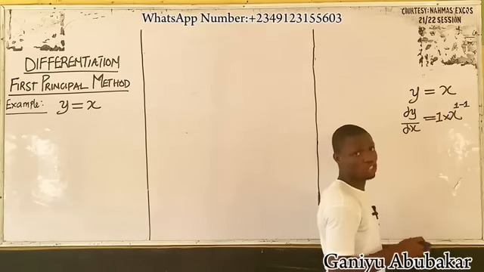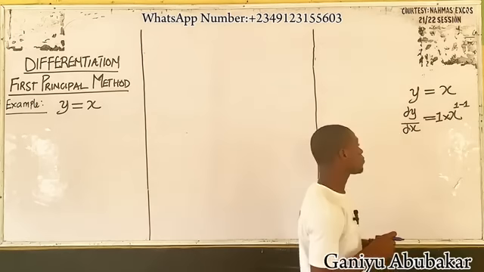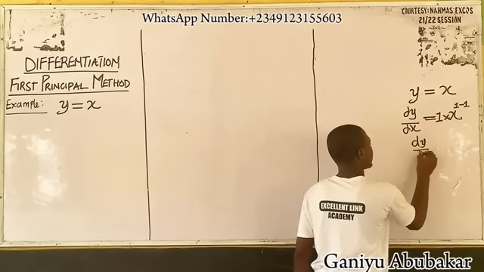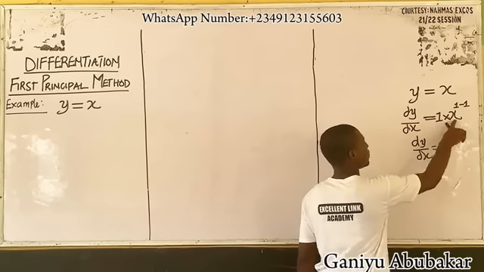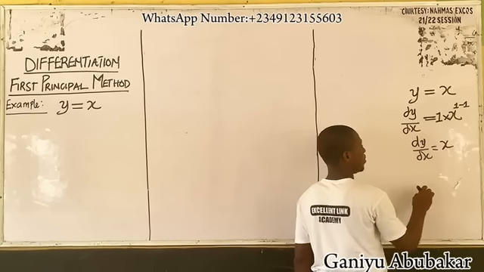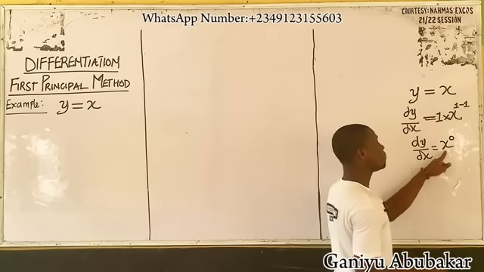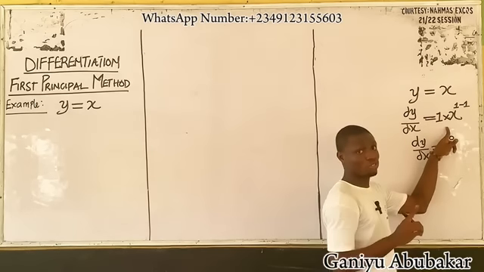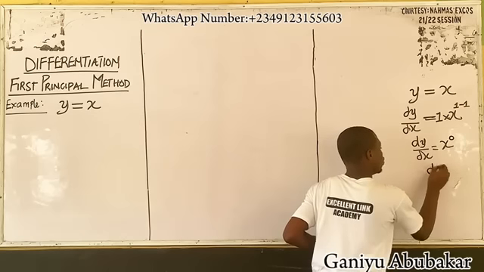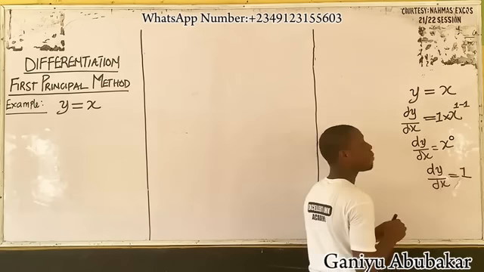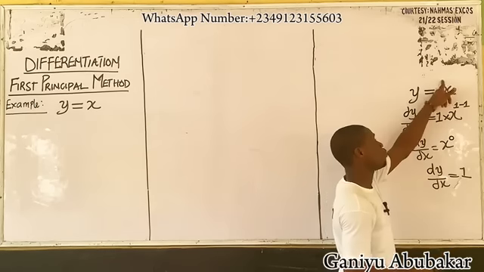If you watched our last class, you should know this. So dy over dx is equal to 1 times x to the power 0, and any variable raised to power 0 is 1. So dy over dx is equal to 1. Applying the general method, I have 1.